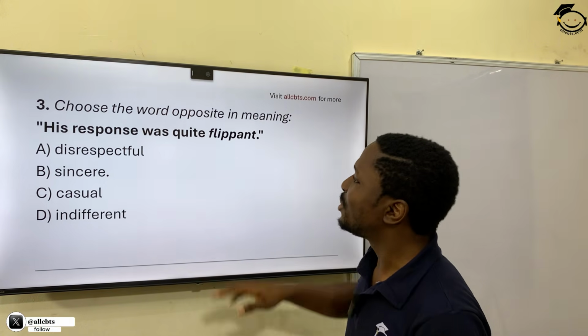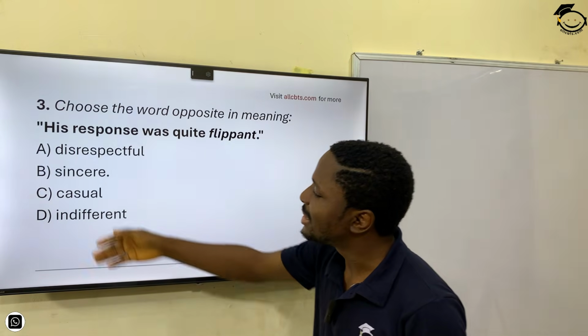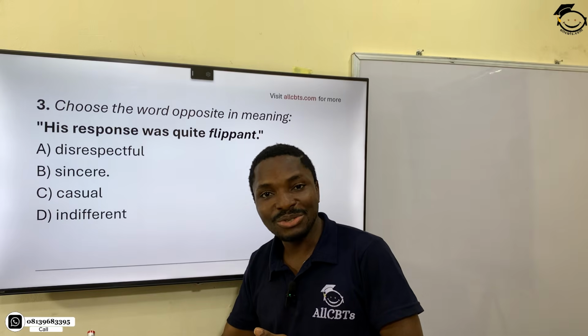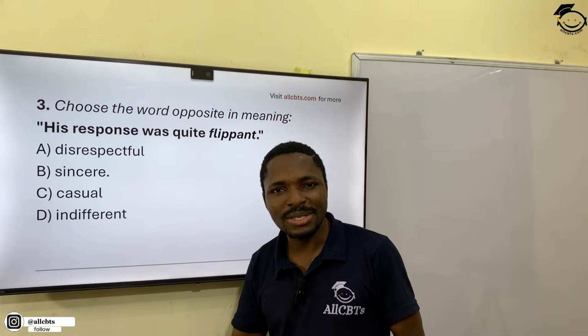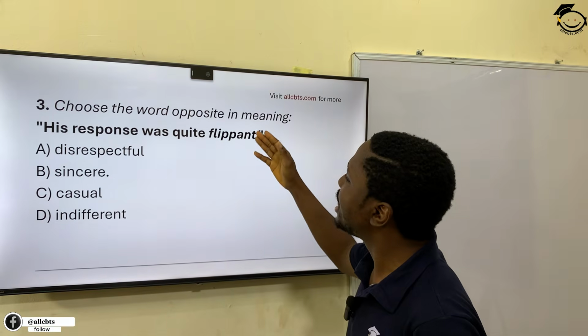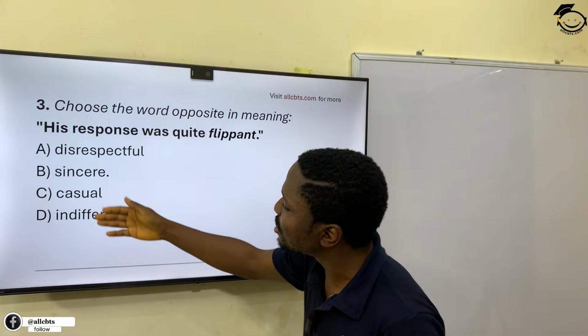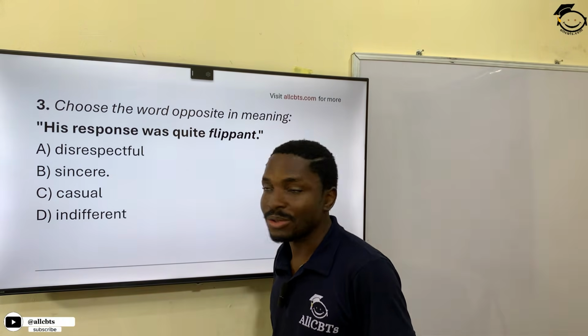So what will be the word opposite in meaning to flippant from this group of words? I already told you what flippant means: untruthful, insincere, unserious. So the correct option from this would be sincere. Sincere is the opposite of insincere.